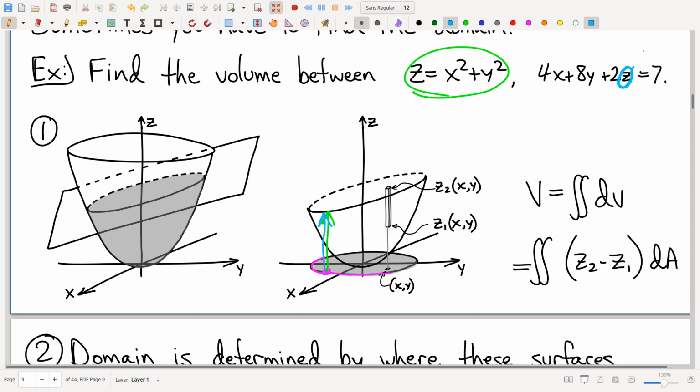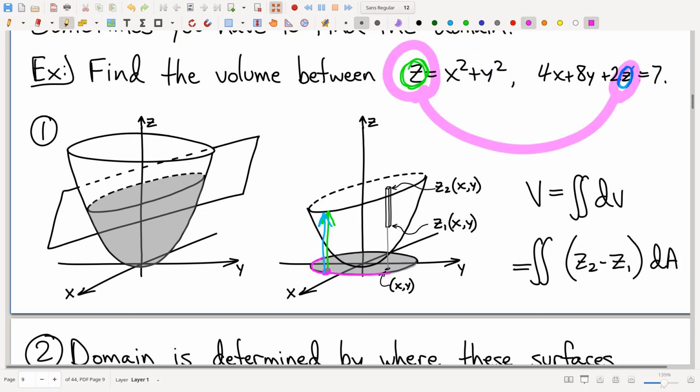That actually makes sense, and let me be consistent with my coloring. I want these two things to be equal. Because for the x's and y's I'm looking for, the plane and the paraboloid intersect, which means the height up to the plane and the paraboloid are the same height. In other words, these two z's are equal.